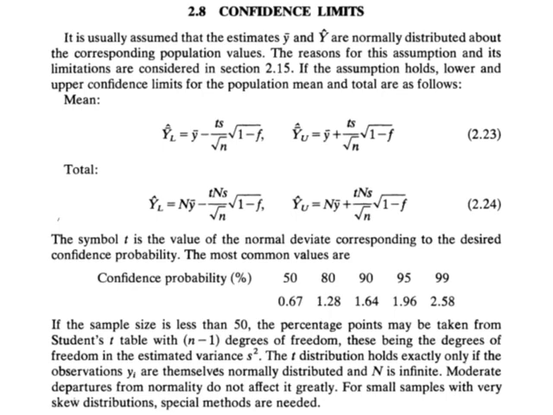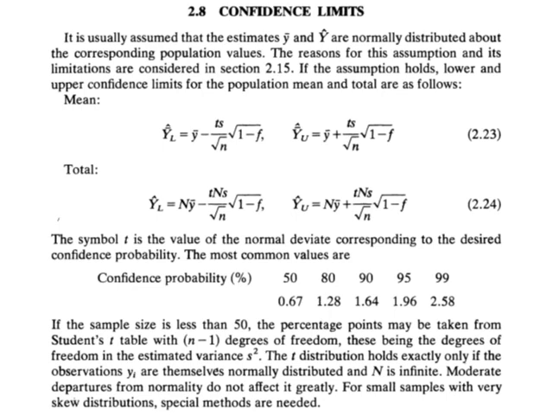For the mean, Y par hat for the lower limit is equal to small y par minus ts over root n times root 1 minus f, and capital Y par hat for the upper limit is equal to small y par plus ts over root n multiplied by root 1 minus f.